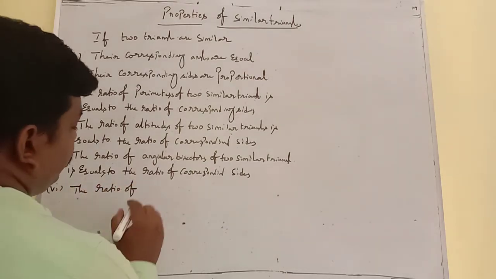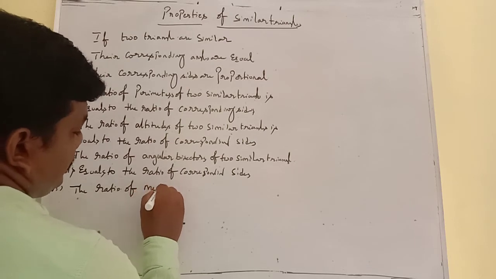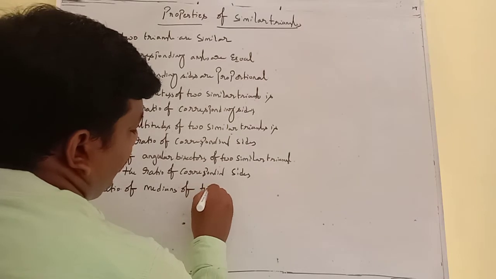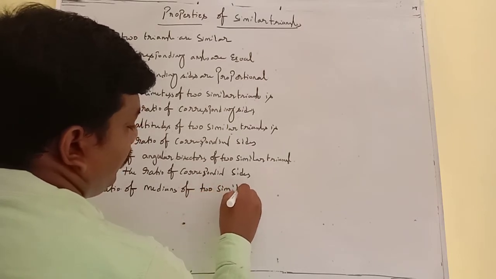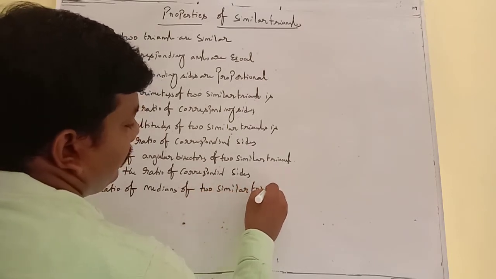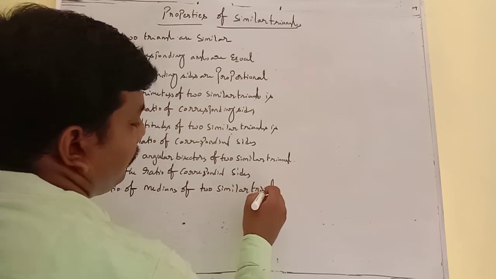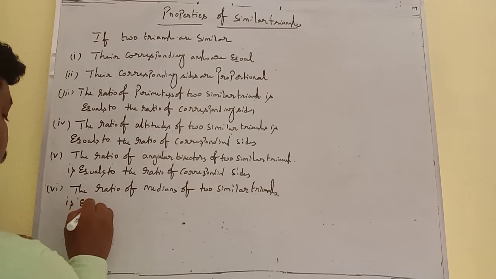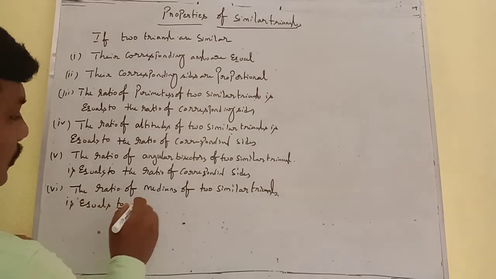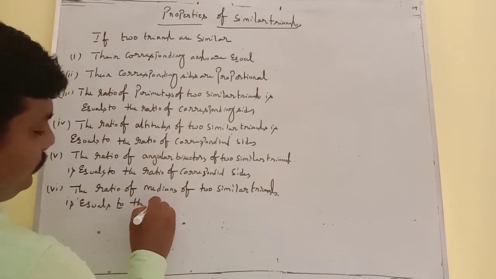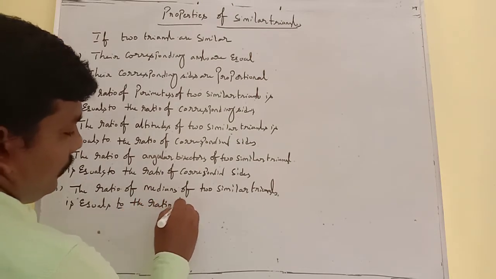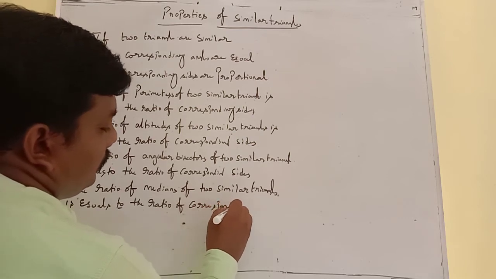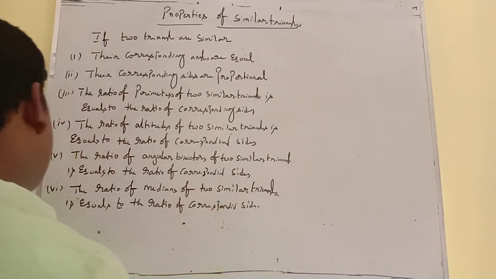Next, the sixth point is the ratio of medians of two similar triangles is equal to the ratio of corresponding sides.